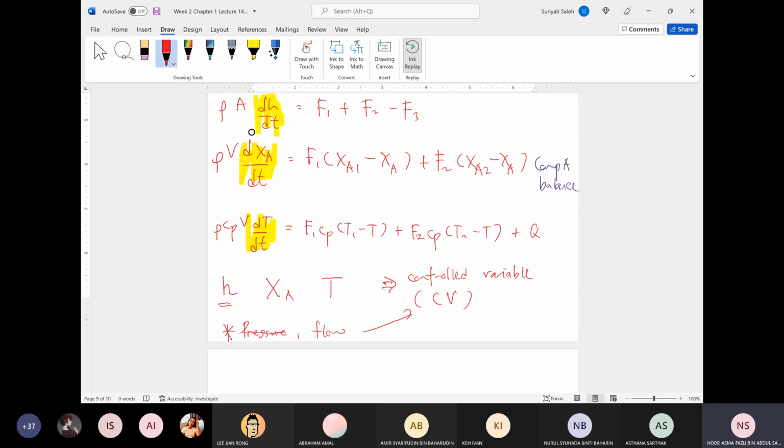And for the flow, because it's only a single unit, if we control the level, we don't need the flow. When you want to merge or split the piping, then you will include the flow control. So for this part, only 3 control variables are involved: the level, the composition, and the temperature.